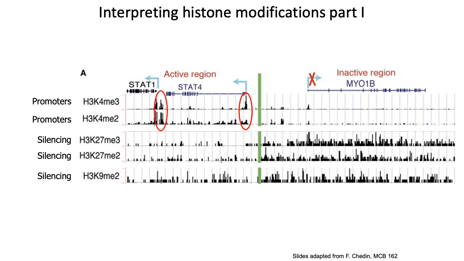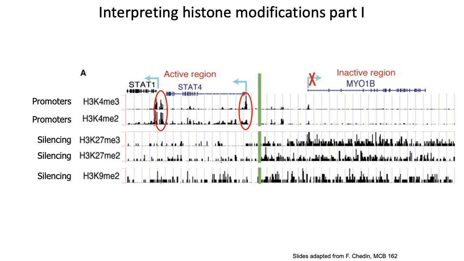In this case, for example, I'm showing you the results of assaying 5 different histone modifications, 2 of which are typically indicative of promoters, and 3 of which are typically indicative of silenced regions.